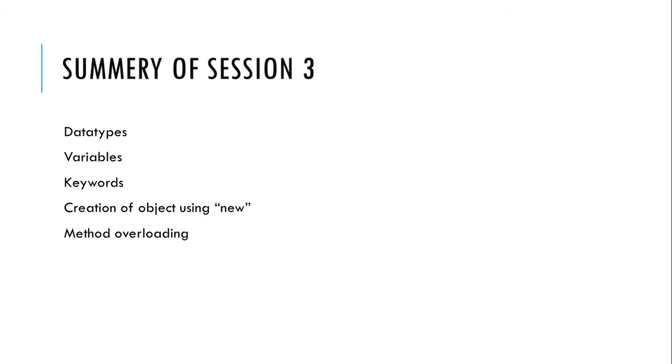I can also say method overloading is compile time polymorphism, and also early binding. So method overloading, early binding, and compile time polymorphism belong to the same category.